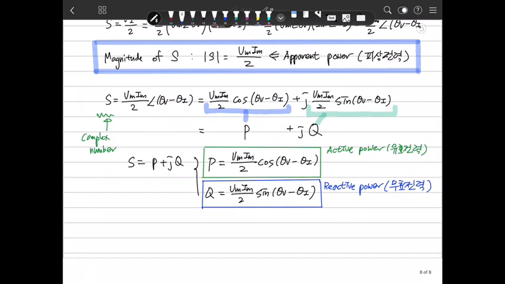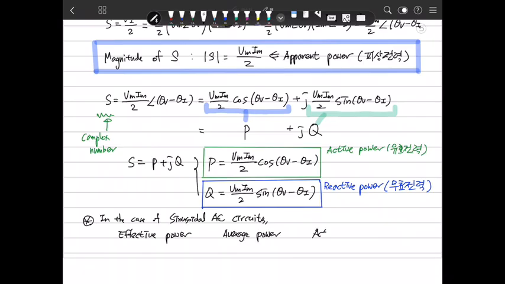In the case of a sinusoidal circuit, the effective power, average power, and active power are the same values.